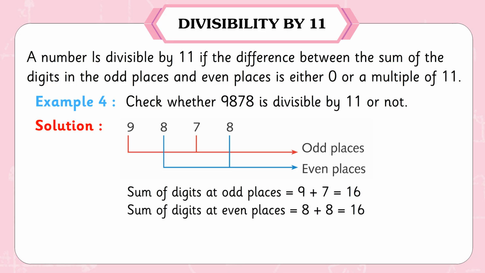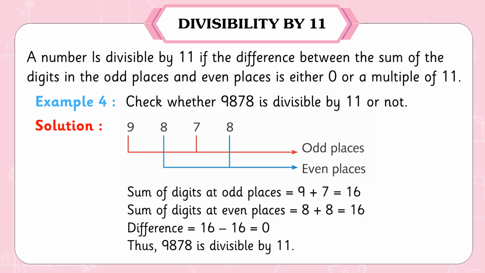Sum of the digits at even places is equal to 8 plus 8 is equal to 16. Difference is equal to 16 minus 16 is equal to 0. Thus, 9878 is divisible by 11.